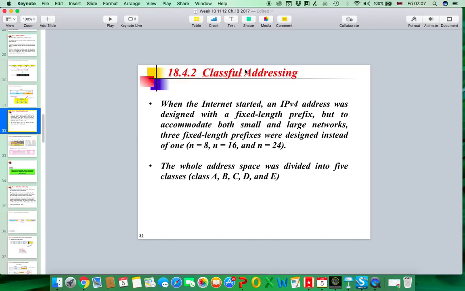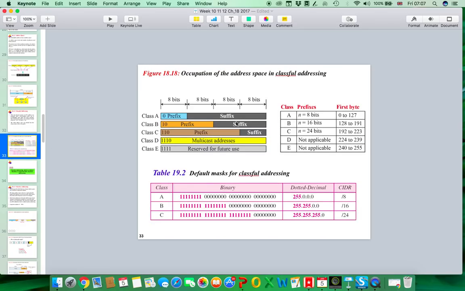Now before, when the internet came into existence, we had something called classful addressing. In this case, based on what number you used at the beginning in the first octet, you would classify the address as a class A, B, C, D, or E. So this is what we are trying to show here.